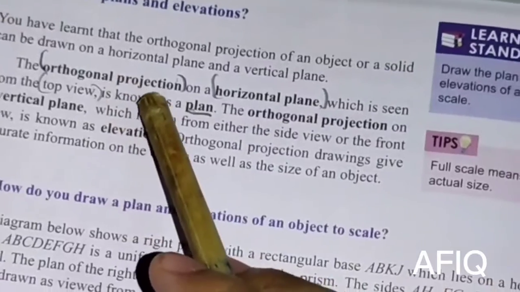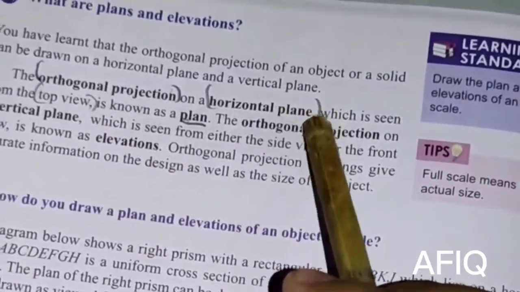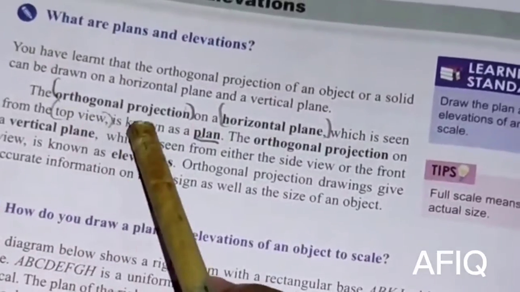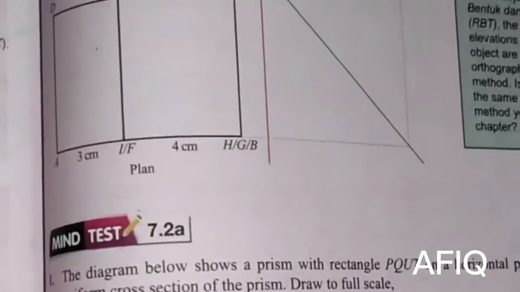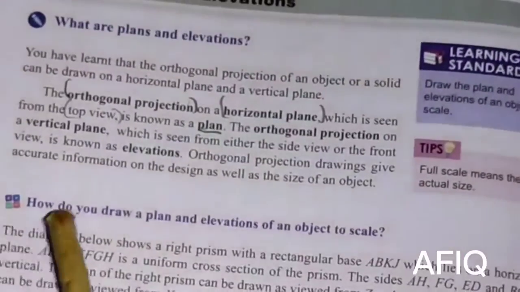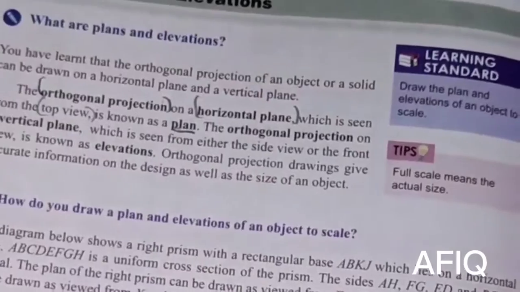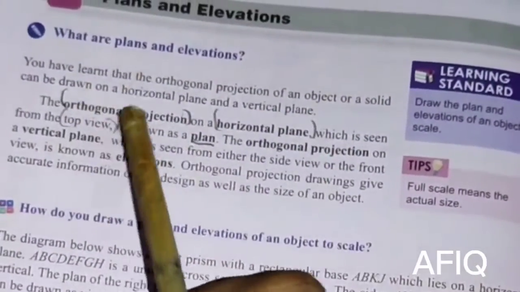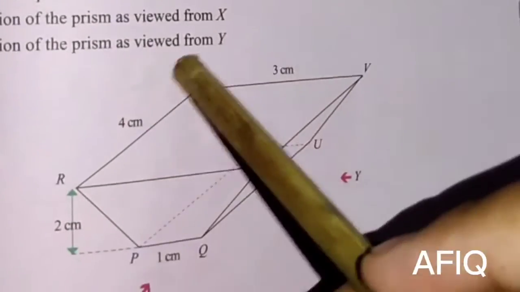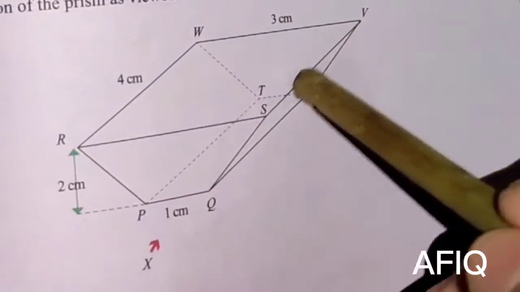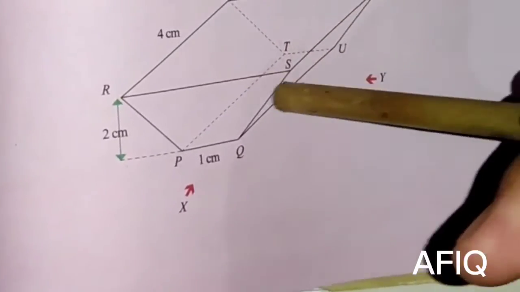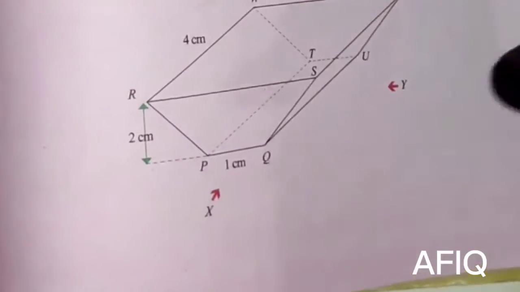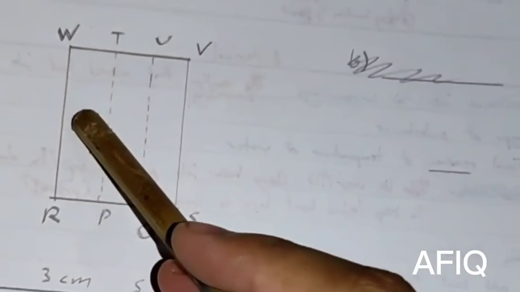Remember, the orthogonal projection on a horizontal plane which is seen from the top view is known as plan. Horizontal plane, check. Orthogonal projection, check. And seen from the top view. It means WVSR is from the top view, and at the same time, this is our plan. So our answer should be like this.